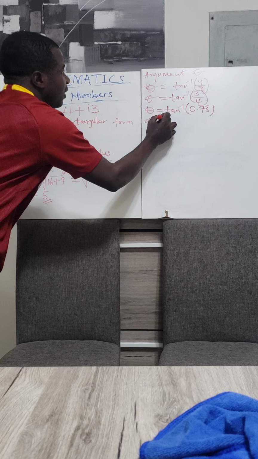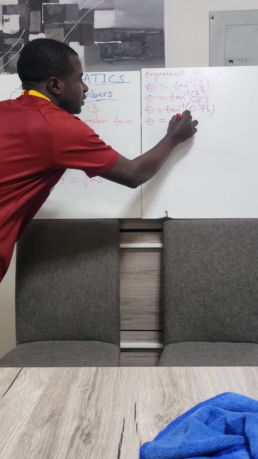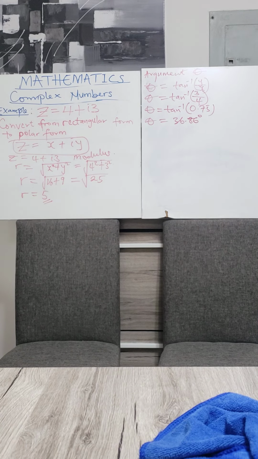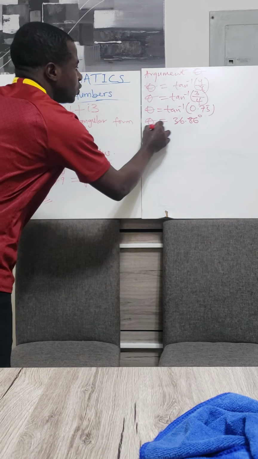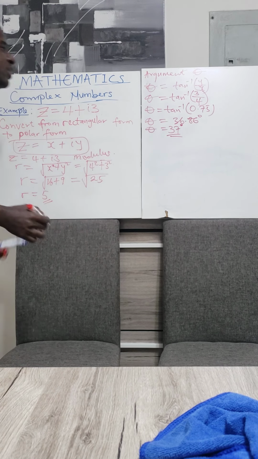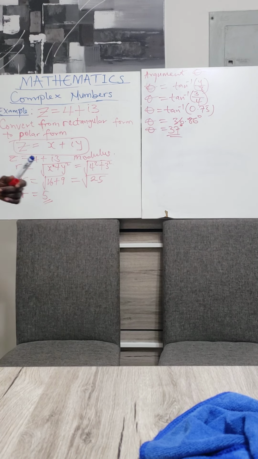Our theta, which is the argument, is now equal to 36.86 degrees, which is approximately 37 degrees. So that is the argument. We are able to find our modulus, which is 5, and our argument, which is 37 degrees.